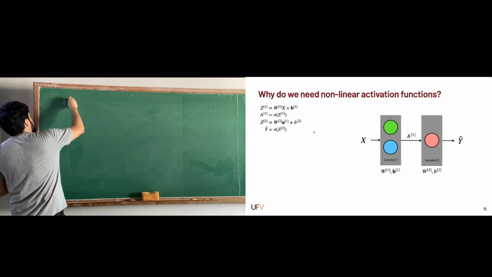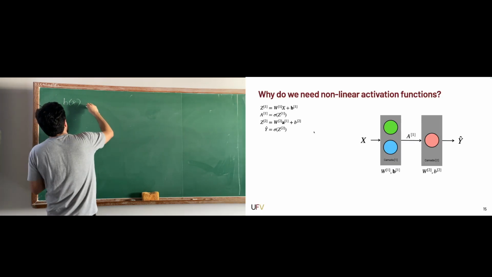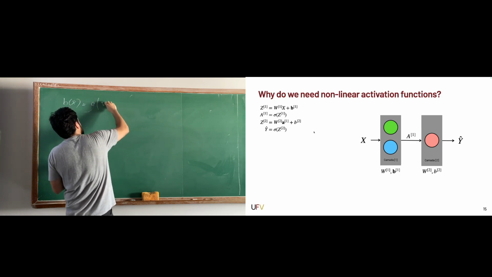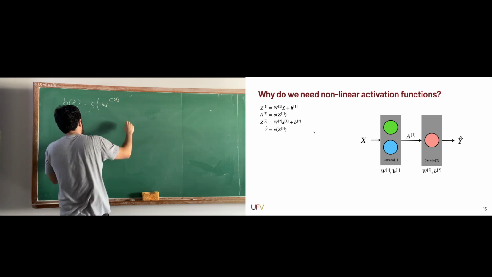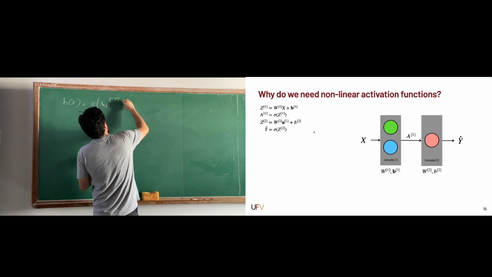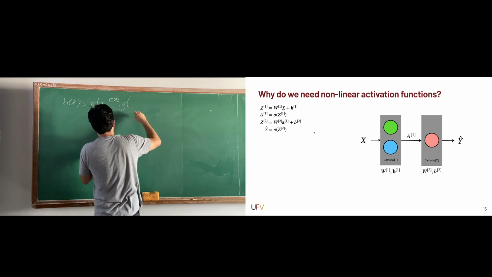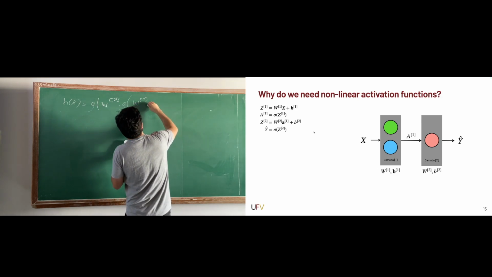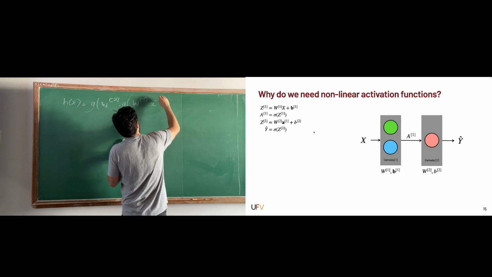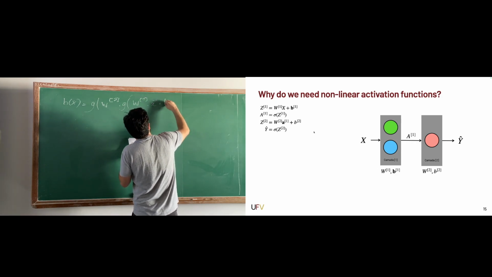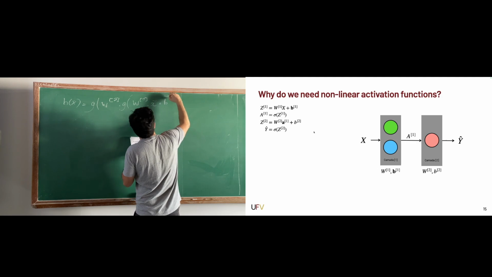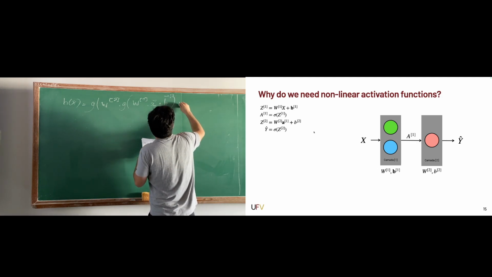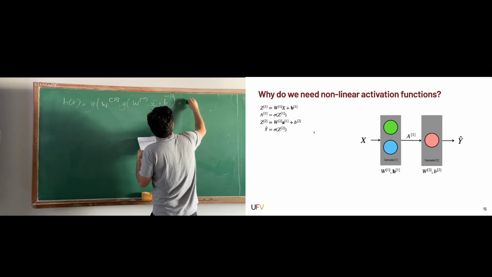Here is our hypothesis space written as a single equation: W2 times g of W1 times X, this is a vector, plus B1, this is a vector, plus B2.